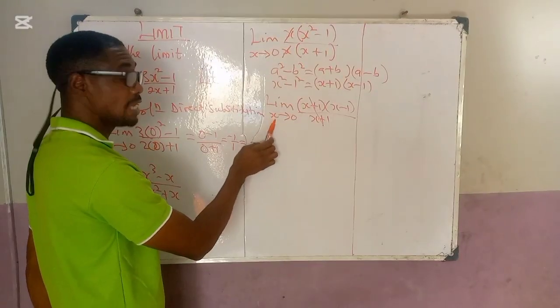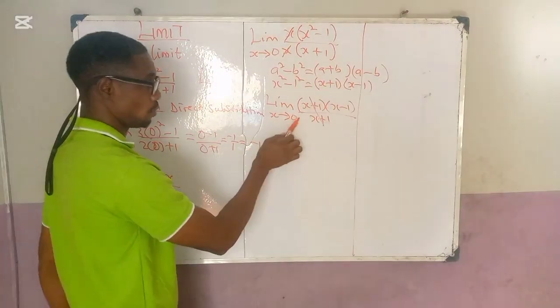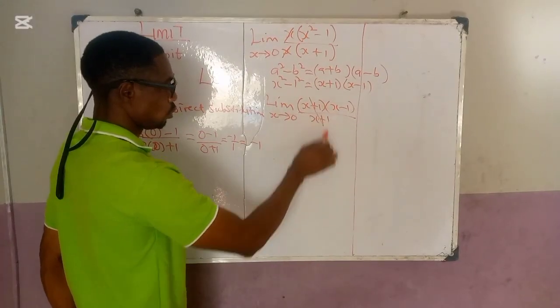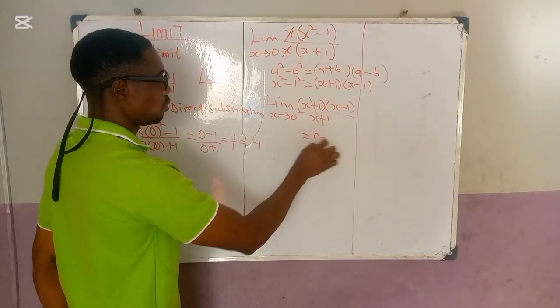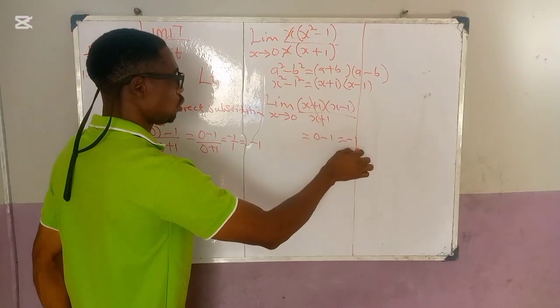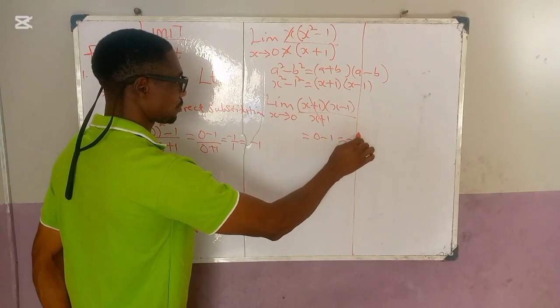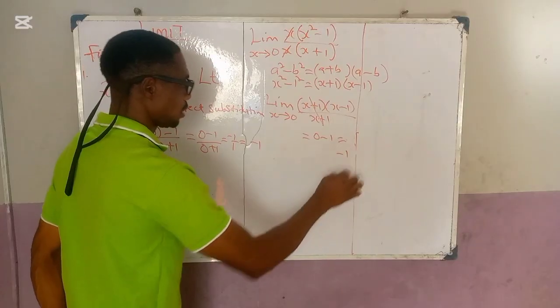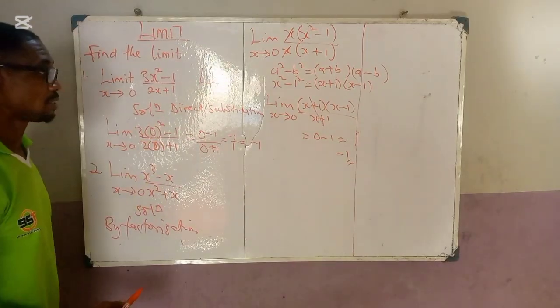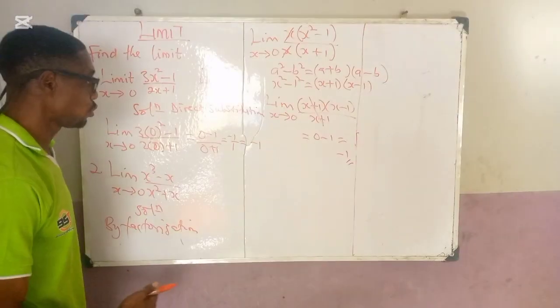Remember that x tends to 0. So this becomes 0, so we have 0 minus 1, which is equal to minus 1 as the answer. Our answer is minus 1. Look at the procedure.